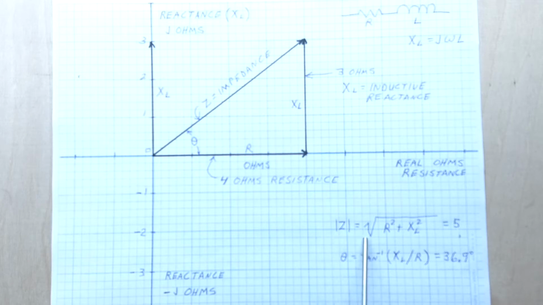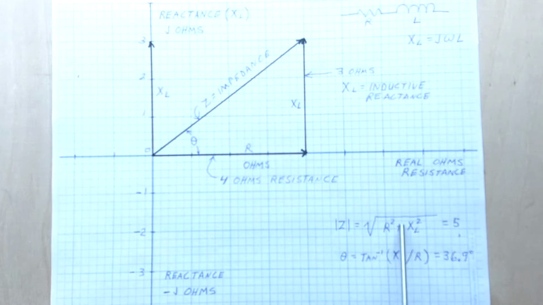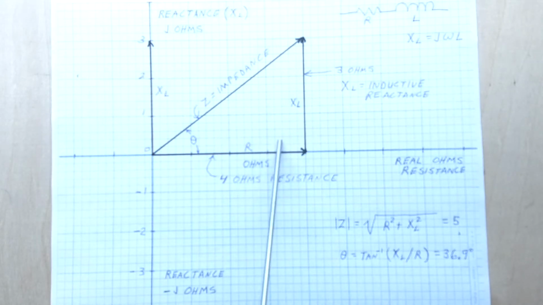Now here's the formula for the magnitude of the impedance. It's the resistance squared plus the reactance squared, and you take the square root. This is the Pythagorean theorem, and we end up with an impedance of 5 ohms, and the angle theta is the inverse tangent of the reactance over the resistance.